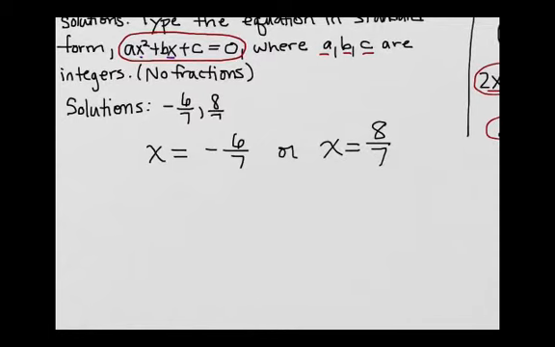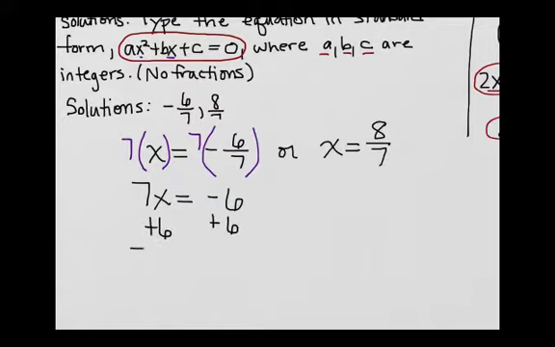So we need to get back to the two binomials that we factored into, and so that's going to mean multiplying both sides of this equation by 7. And so that's going to give us 7x is equal to negative 6. And we want to have one side equal to 0, so we're going to add 6 to both sides. And we get 7x plus 6 is equal to 0.